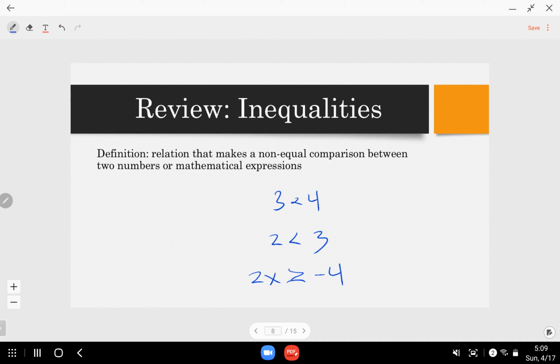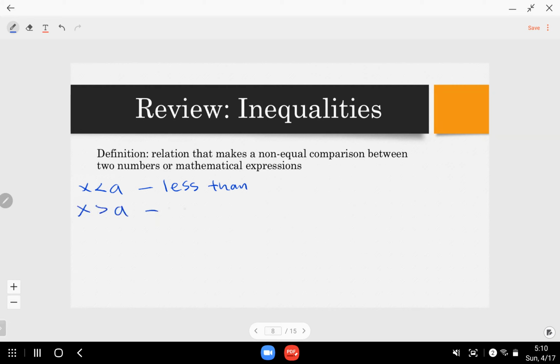So let's go over the types of non-equal comparisons we can have. We have 4 different signs. We have the less than. Let's say x is less than a. So this is the less than, and this is the greater than.